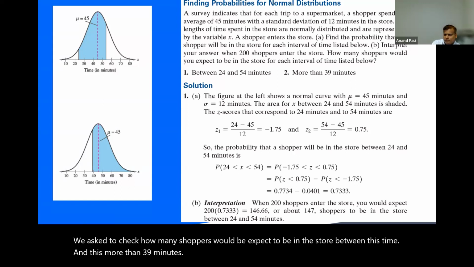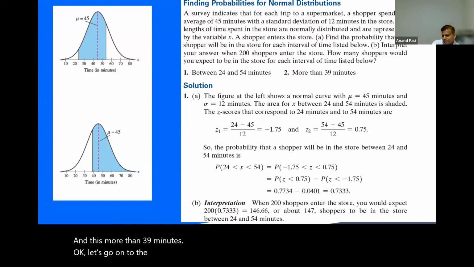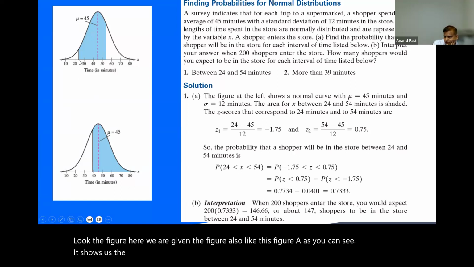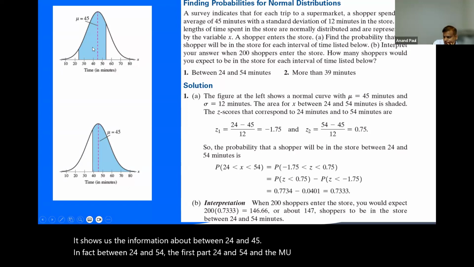Okay, let's go on to the first one and see how this would look. The figure here, we are given a figure also, like this figure A, as you can see, it shows us the information about between 24 and 54, the first part, and the mu value is 45.